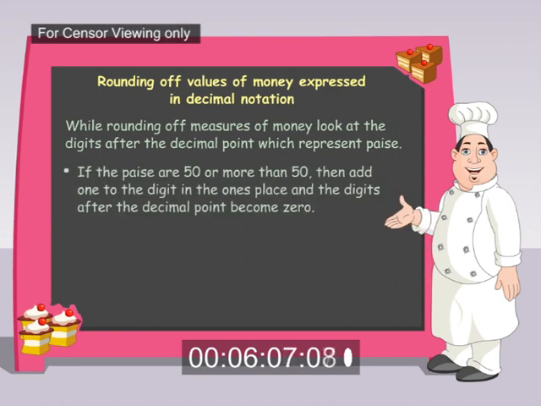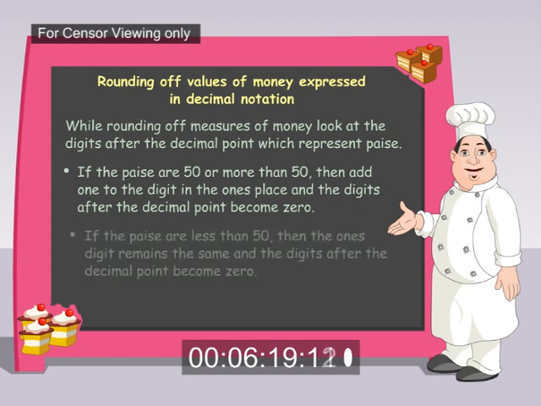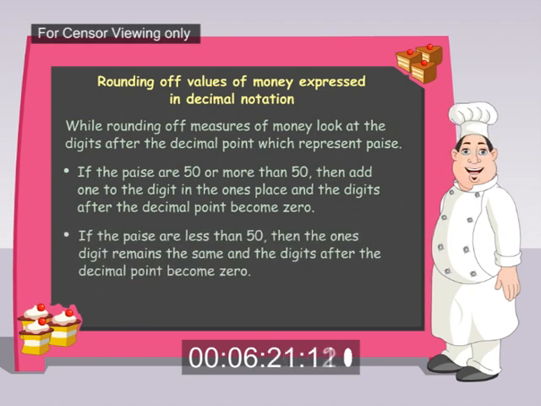If the paise are 50 or more, then add 1 to the digit in the ones place and the digits after the decimal point become 0. If the paise are less than 50, then the ones digit remains the same and the digits after the decimal point become 0.